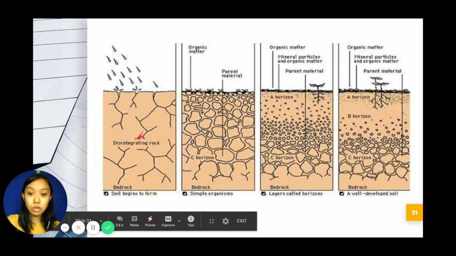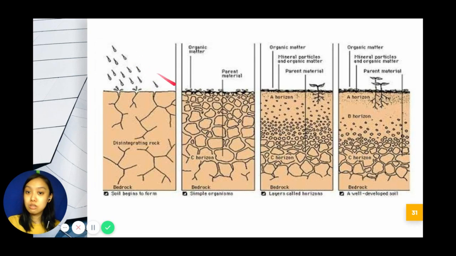Now, if we talk about how soil exactly does form, we can see that we start with bedrock. Bedrock and all the other rocks are subjected to weathering. And from there on, we start the formation of organic material. At this point, your soil still has similar qualities to the parent material.